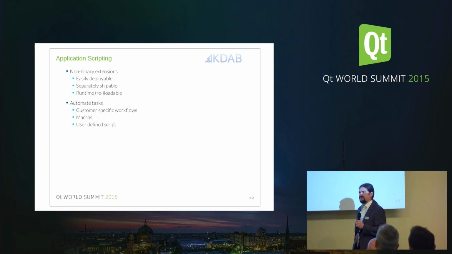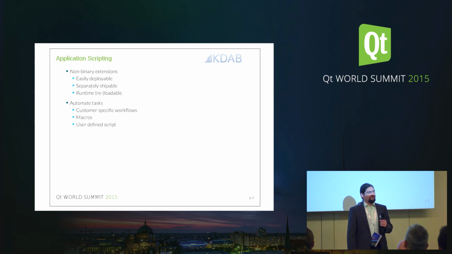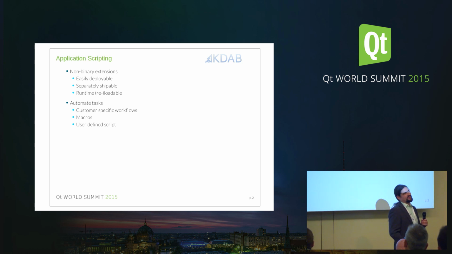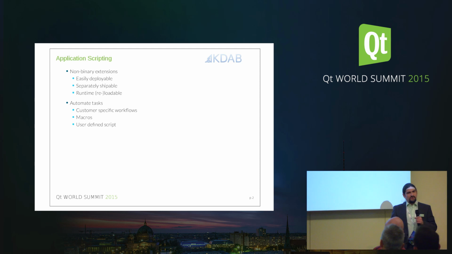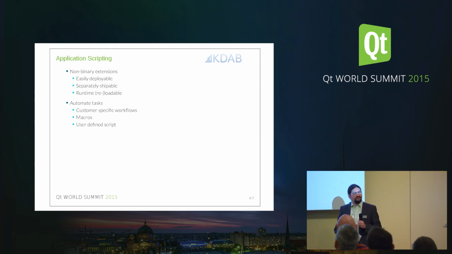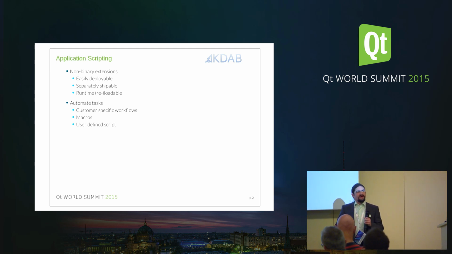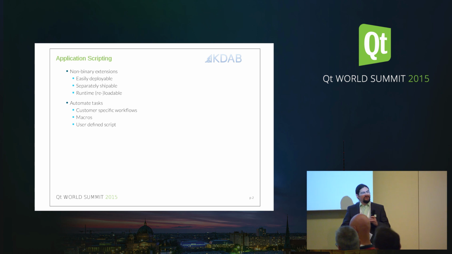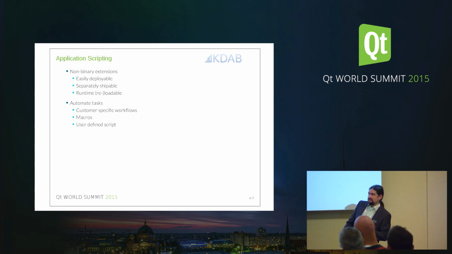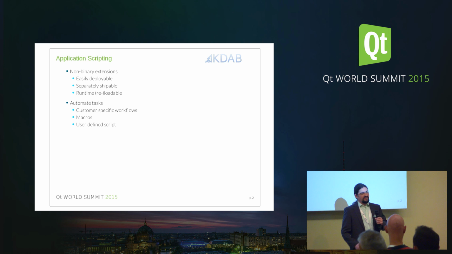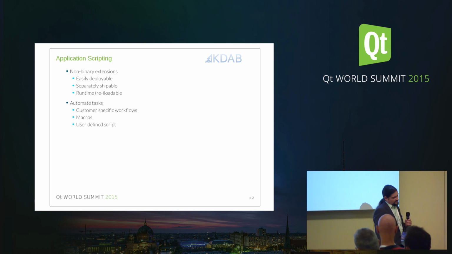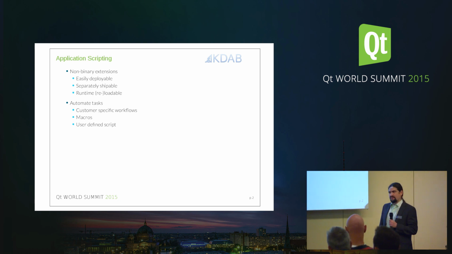Visual Basic for Applications is one of the most widely used languages because it allowed people to automate workflows with Microsoft Office. And something like that might or might not also be interesting for your products. It's one of the important use cases of application scripting.